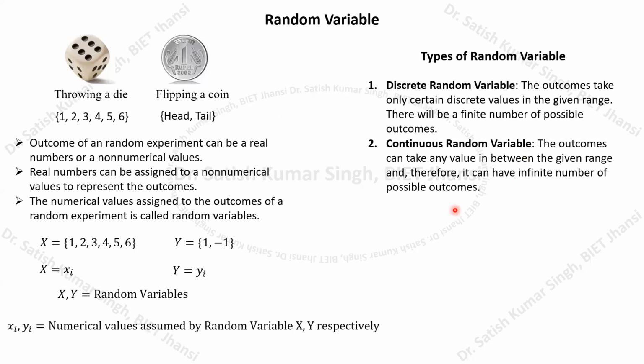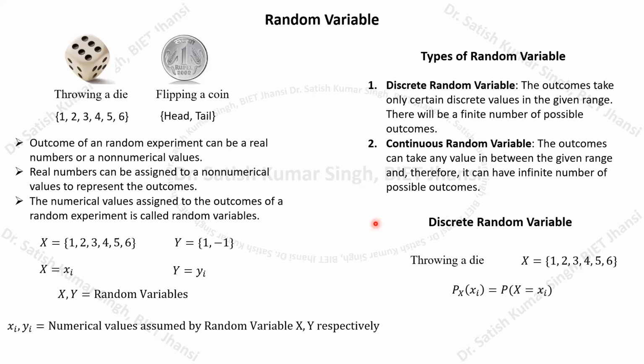In this lecture today, I'm going to discuss the discrete random variable only. Here we can see the example I have just explained, the throwing a die experiment. The outcome of this experiment is represented by the random variable capital X, and the possible outcomes are 1, 2, 3, 4, 5, 6.